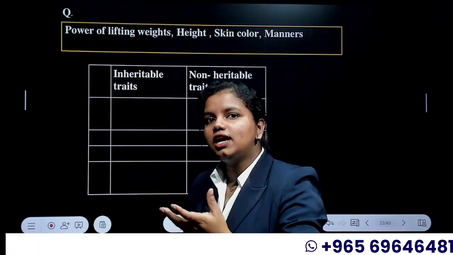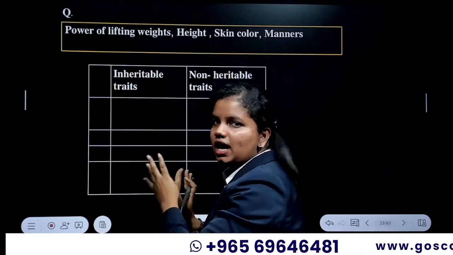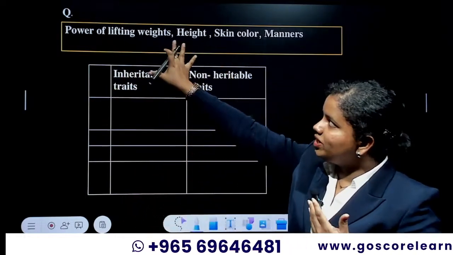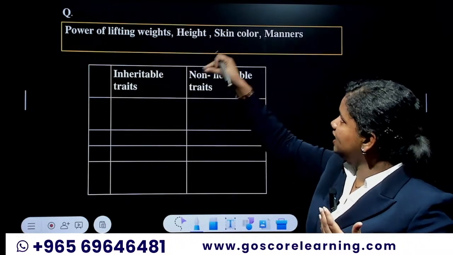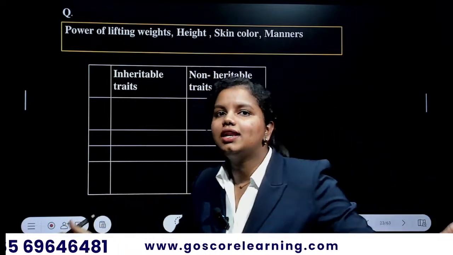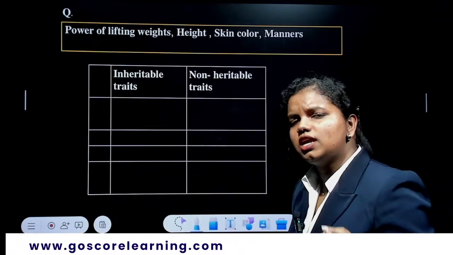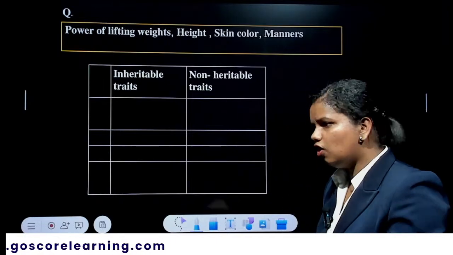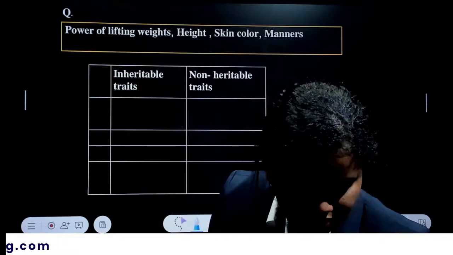The question never gave the table, I just made it. In order to classify, you just have to know what an inherited trait or an acquired trait is. It's simple, right? I hope you all know the answers.